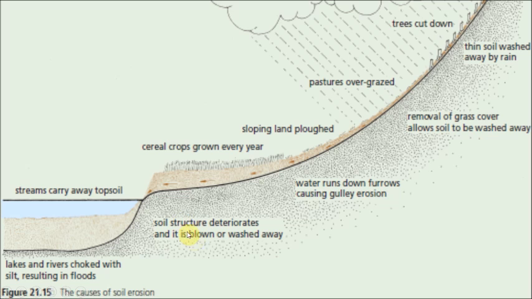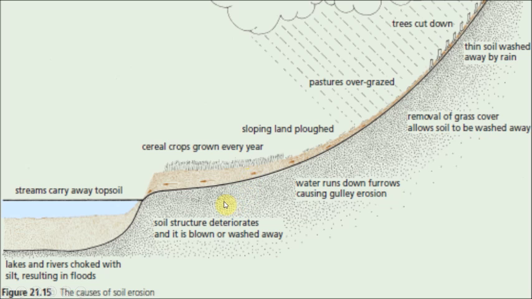The soil structure deteriorates here because if you grow cereal crops or any crop over and over again every year, it means that no nitrates and organic chemicals are being decomposed back into the soil structure, because as you grow the crops you then take them out, and there's nothing for the decomposers to decompose and replenish the soil with.